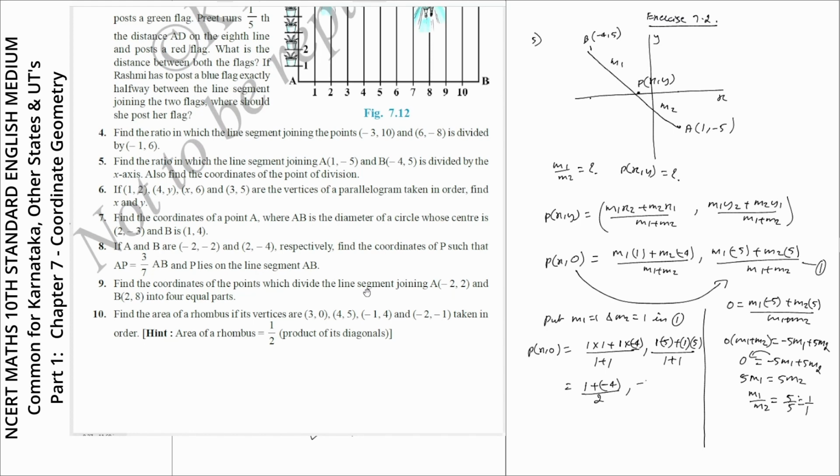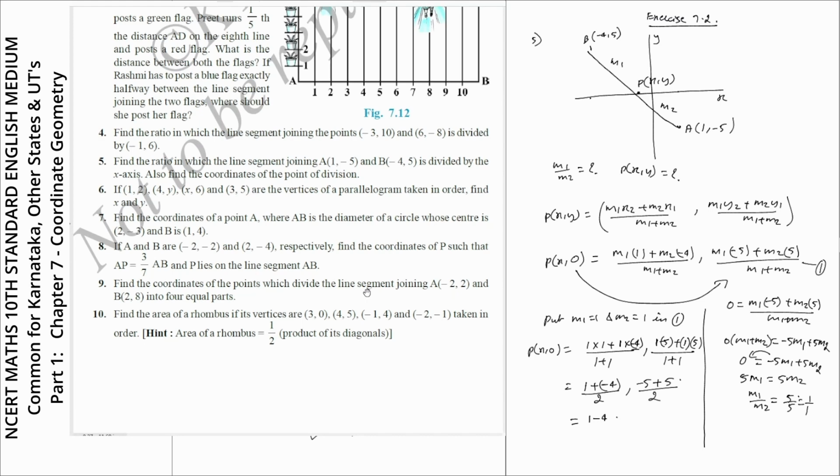1 into minus 5 is minus 5, plus 1 into 5 is plus 5, divided by 1 plus 1 is 2. So here, 1 plus 1 minus 4, I will get 1 minus 4 divided by 2, because plus into minus is minus.